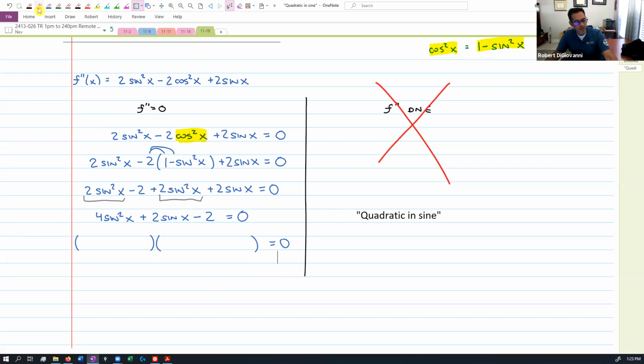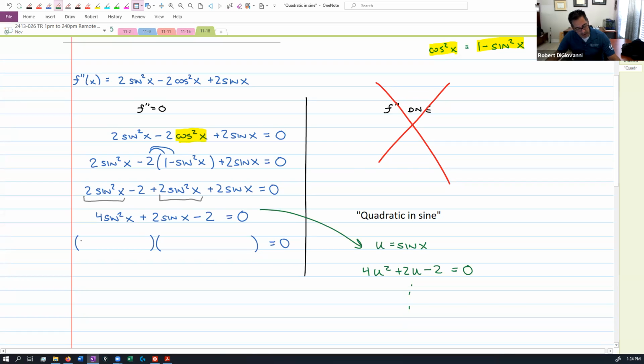Now, I know some of you have learned that you can do a u substitution here. You can let u be sine x and then rewrite the entire problem and go about solving that. That's fine. I'm not going to do that because at the end you have to replace u with sine x. So I'm just going to go right to the factoring.